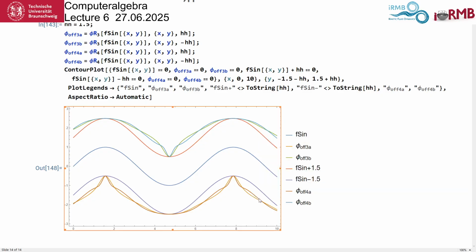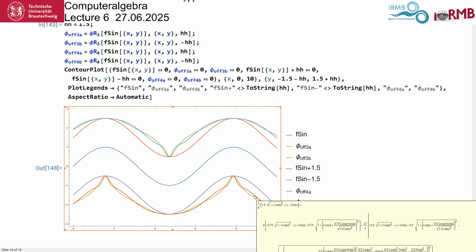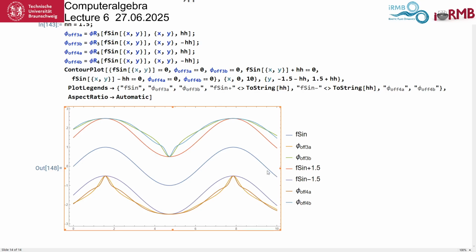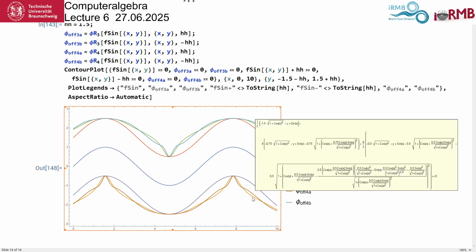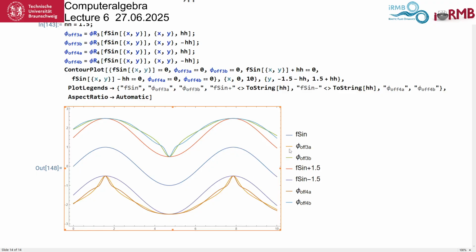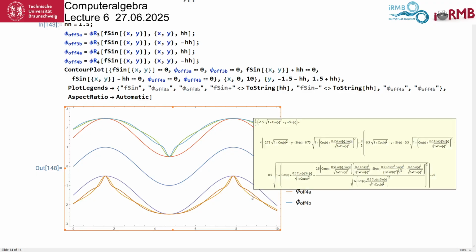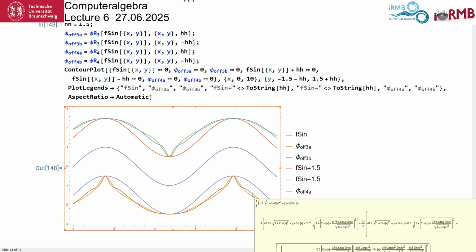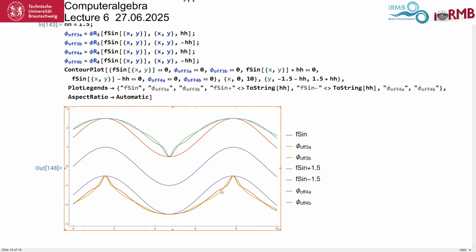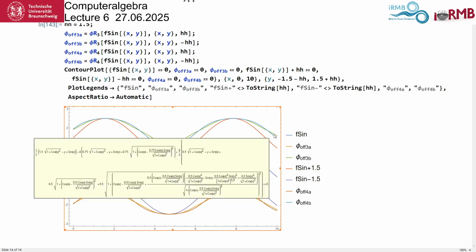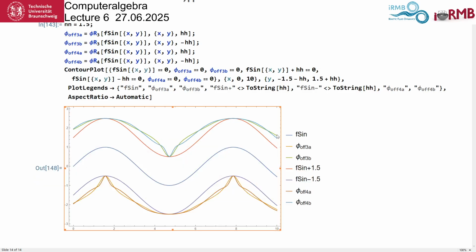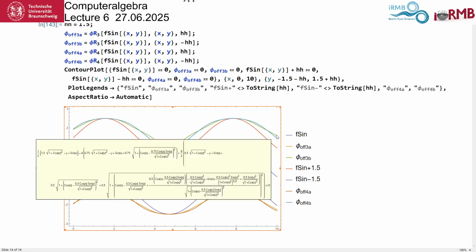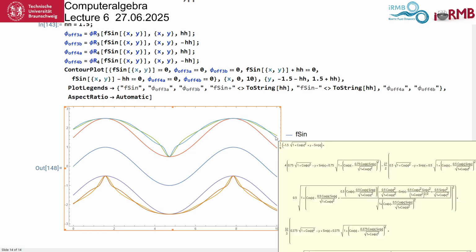So this apparently is the fourth order stuff. And then this here must be the third order stuff. Okay, so you see the first order stuff is kind of larger. Maybe you go to the upper ones here. Okay, so this here seems third order, and this here seems first order.